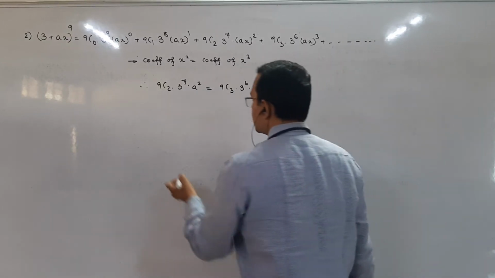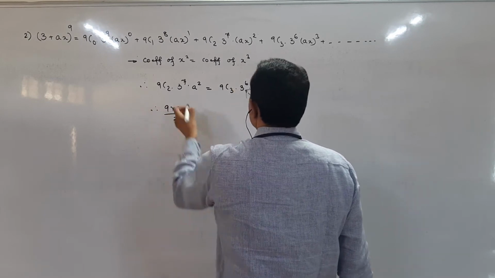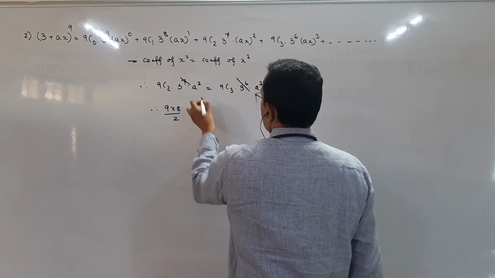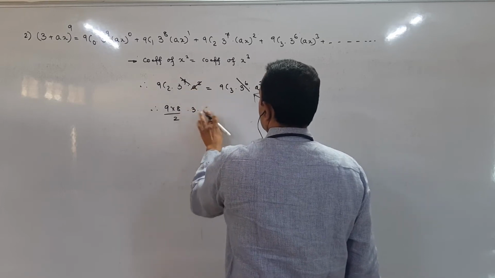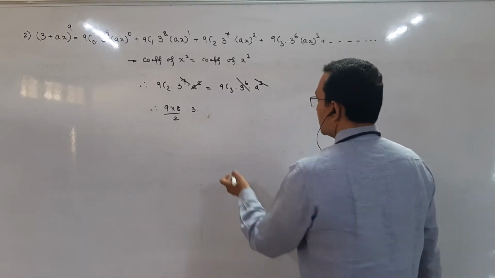Okay, 9c2, so 9 into 8 by 2, 3 raised to 6 and 3 raised to 6 gets cancelled, one 3 remains, a square, and a square gets cancelled, so one a remains, that's all.